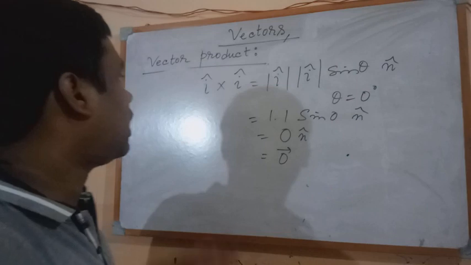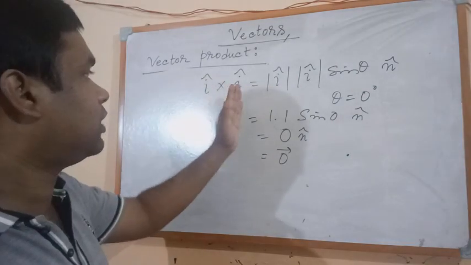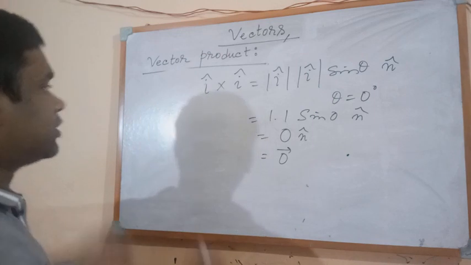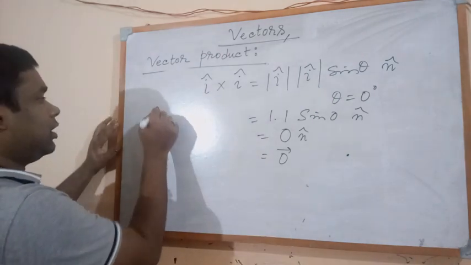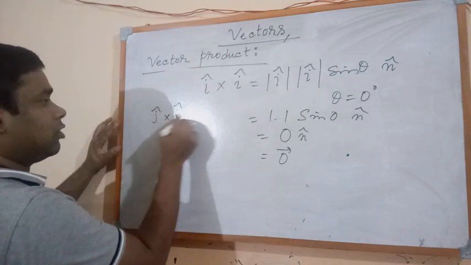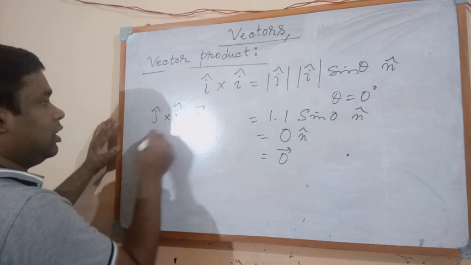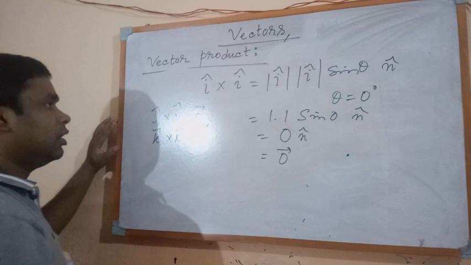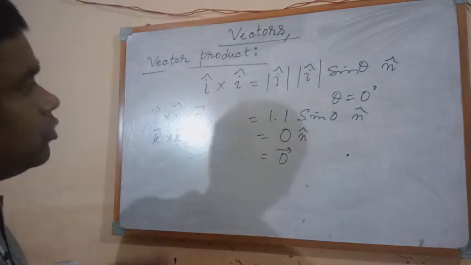Okay, so I cap cross I cap is equal to 0. Next, similarly we can say j cap cross j cap equals 0 vector, k cap cross k cap equals 0 vector.